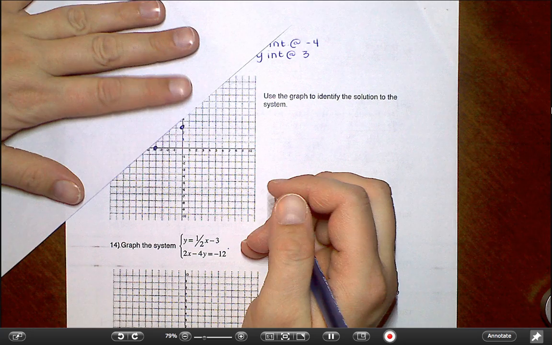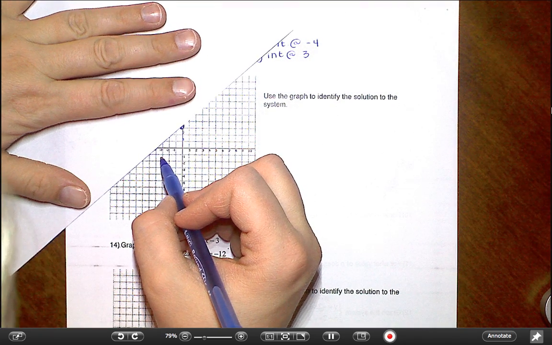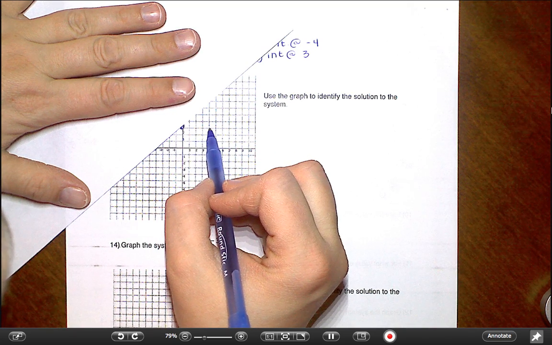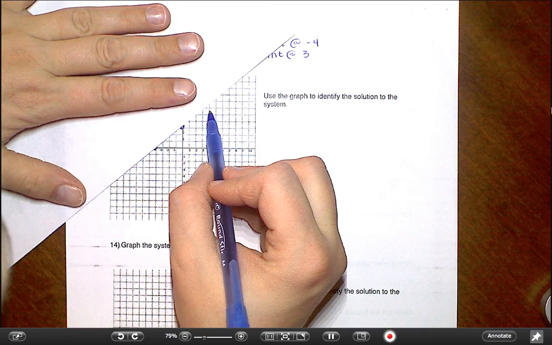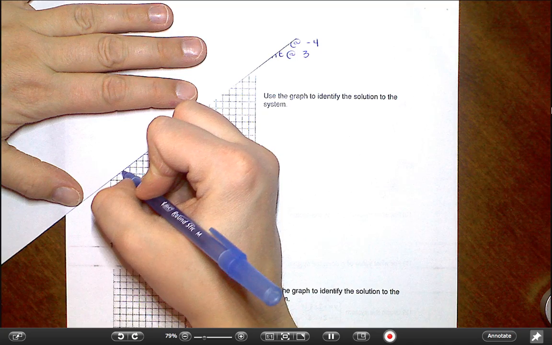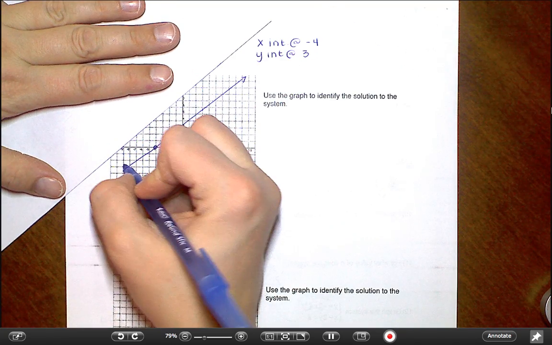So let's see if I line this up. Should be like this. Okay.